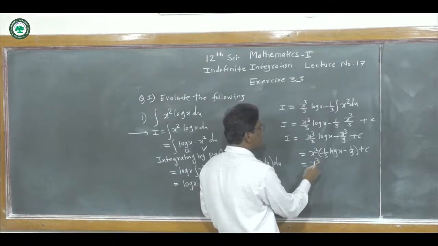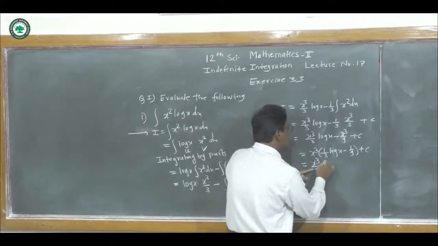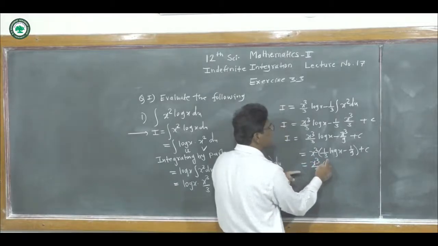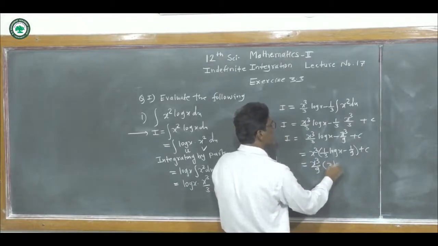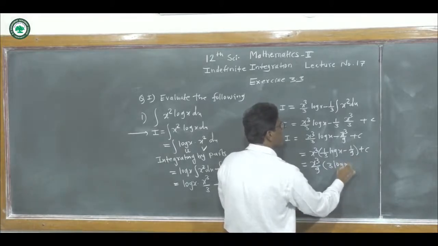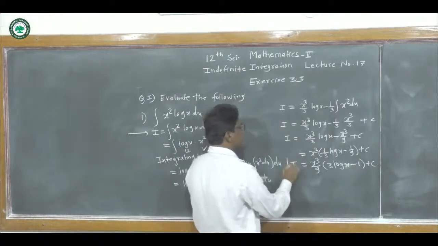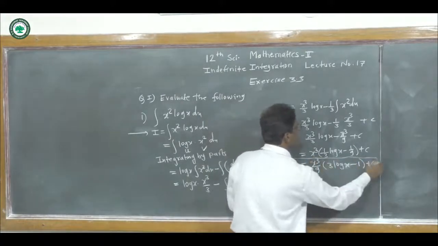So x cube upon 9, we divide by 9 and multiply inside the bracket. 9 into 1 upon 3, that is 3. So it is 3 log x, and 9 gets cancelled. So it is minus 1 plus constant of integration. This is the final solution for this problem.